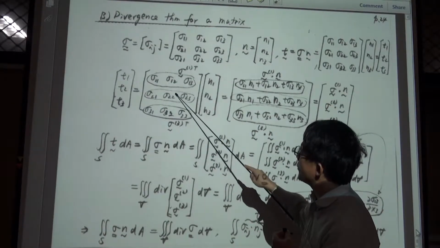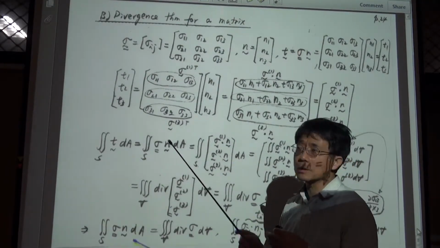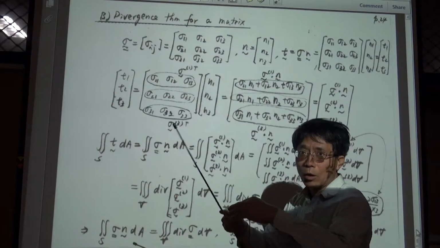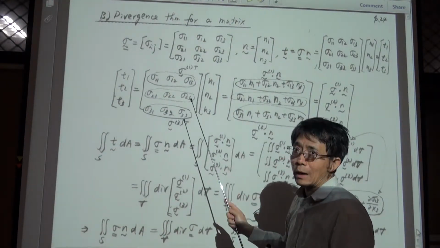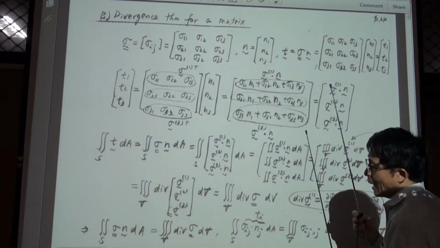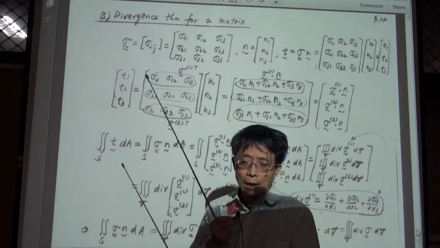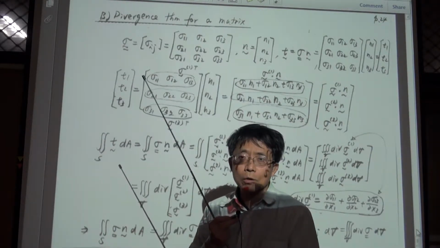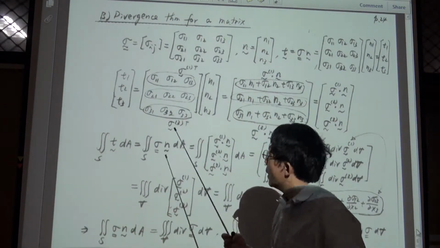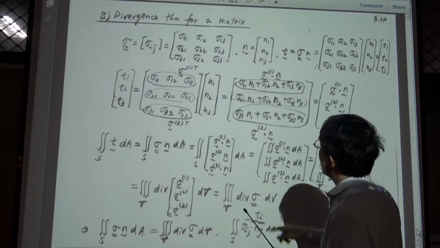Okay, this T denotes the transpose, because now the vector is horizontal, not in the vertical direction. So we put a transpose here. So in this way, the stress matrix can be divided into three vectors. Okay, one vector, two vector, three vectors.